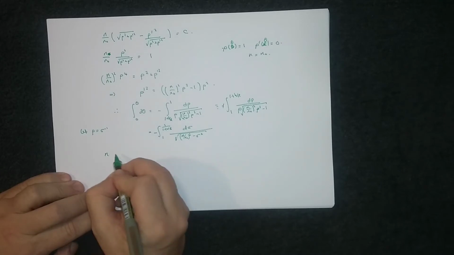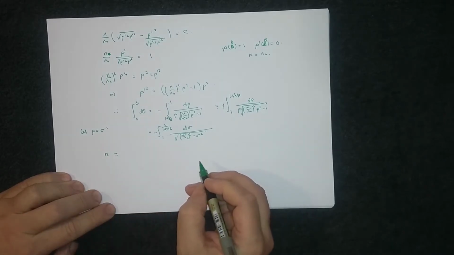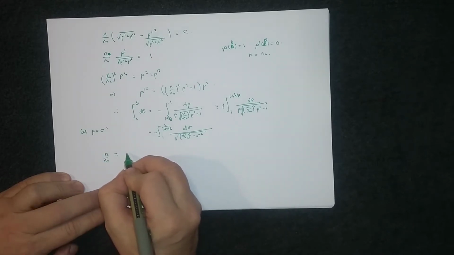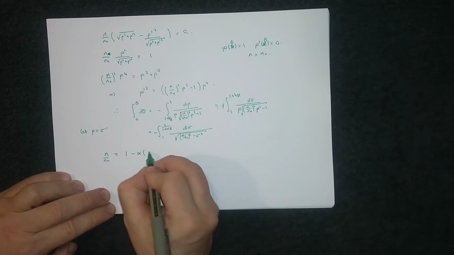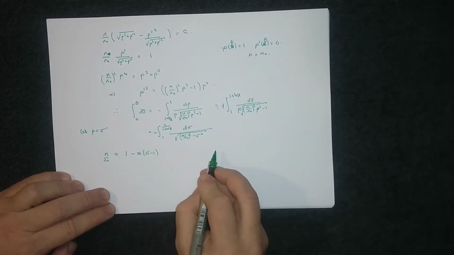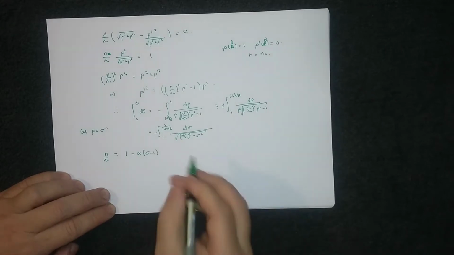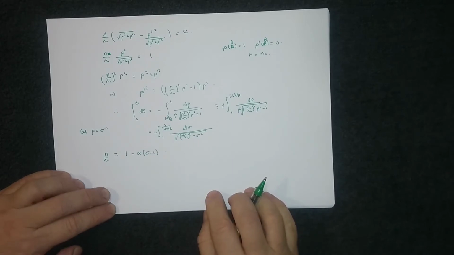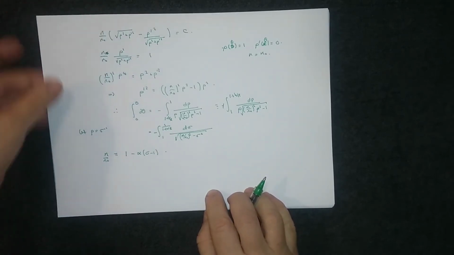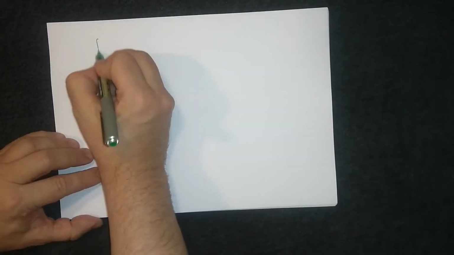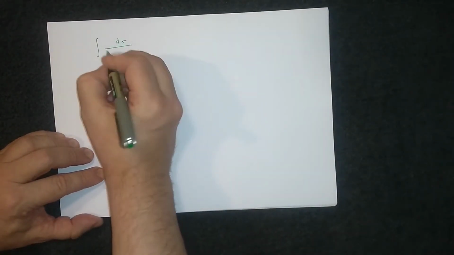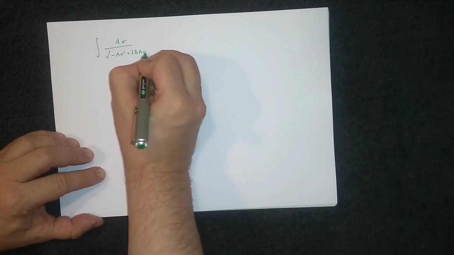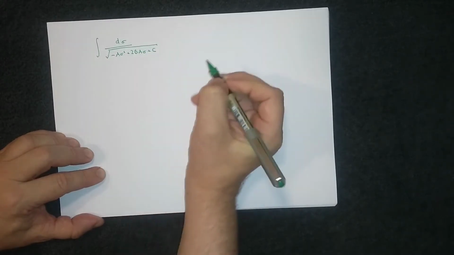Now let's suppose that n over n naught is equal to 1 minus alpha (sigma minus 1) plus higher order terms, which we're going to neglect. So we need to do an integral. We'll end up with the integral of root of (minus a sigma squared plus 2 b a sigma plus c) to compute.